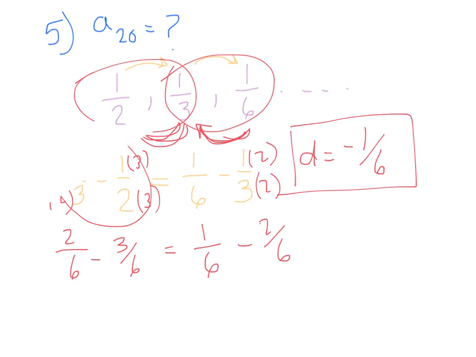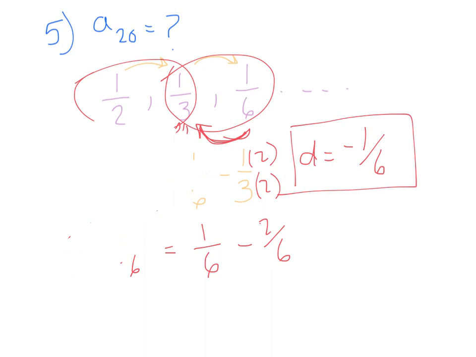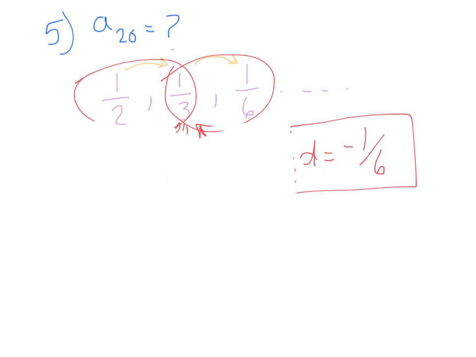So let's figure out the 20th term, given now that we have the common difference. So we have a sub n equals d times n plus a sub 1 minus d.